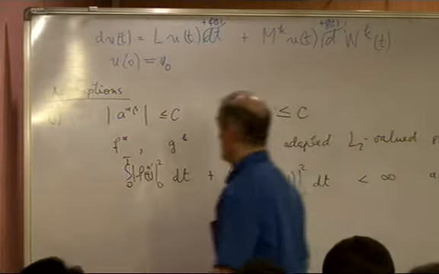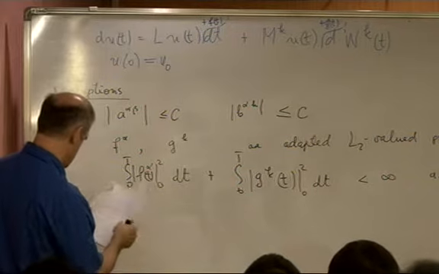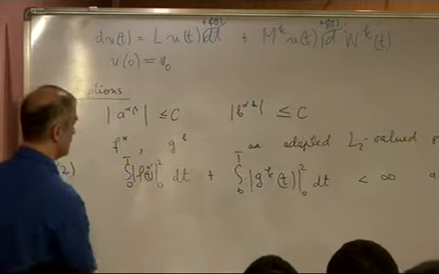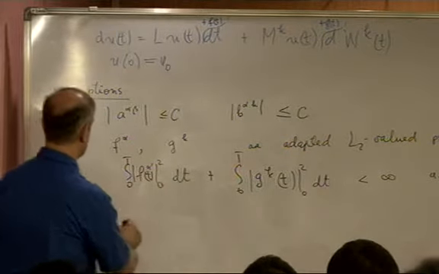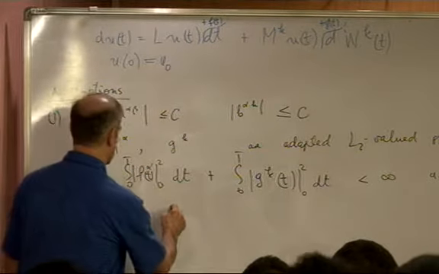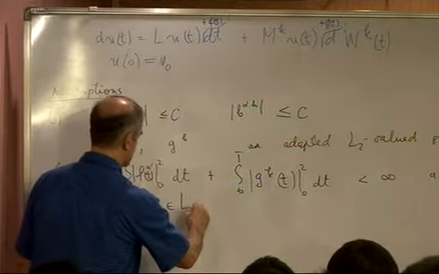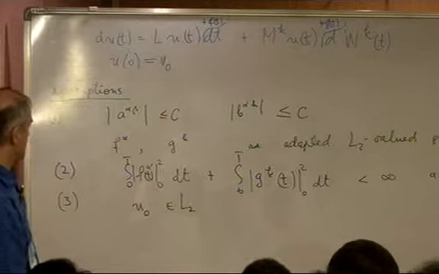And the third assumption is that u_0, the initial value, is almost surely in L2 and F_0 measurable.